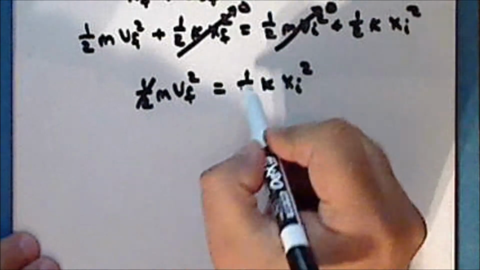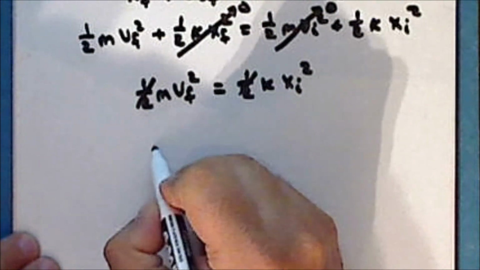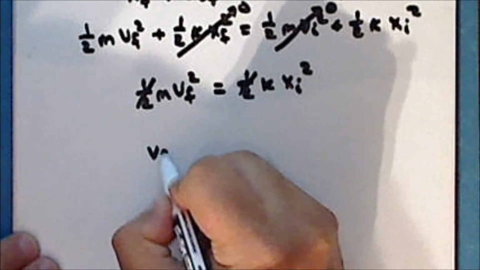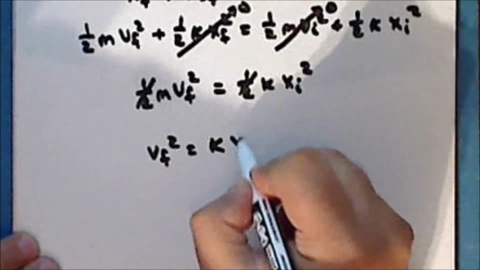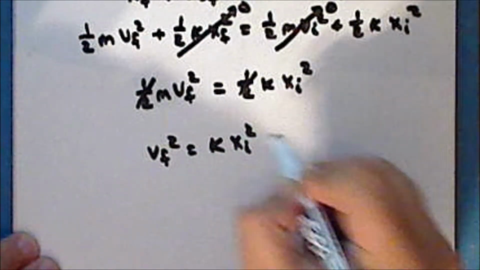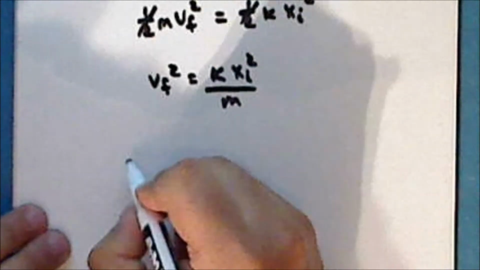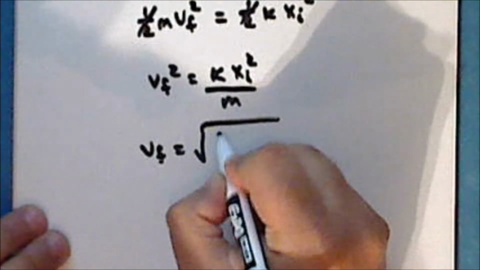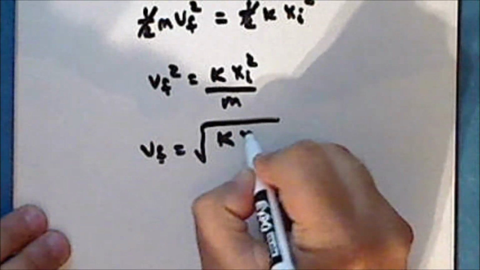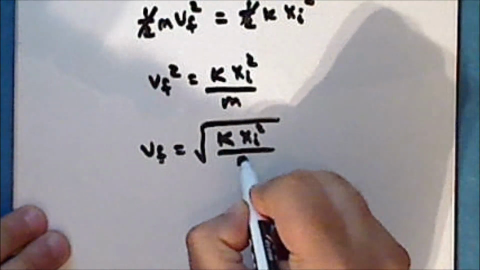We can eliminate 1/2 from both sides of the equation. Solving for the square of the speed, we have the speed squared is equal to the spring constant k times the compression squared divided by the mass. And so the speed is equal to the square root of the spring constant times the amount of compression squared over the mass.